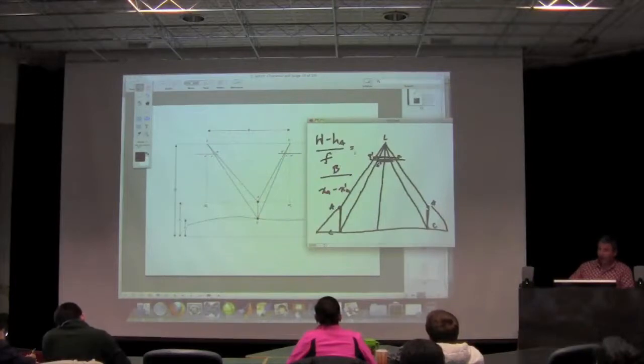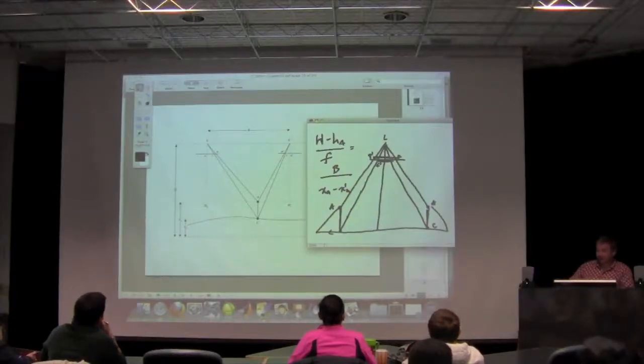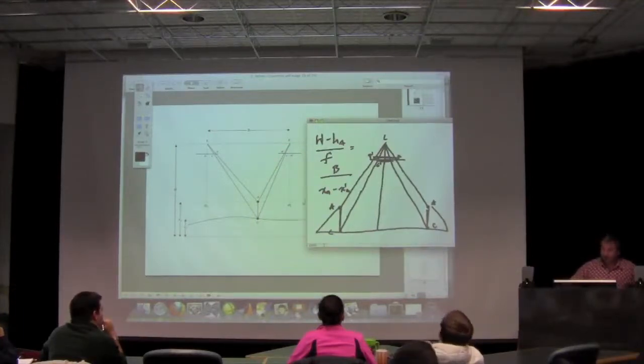Those two things are proportional to one another. They're the same as f, the focal length here, and the distance between the x positions of point A and A prime. So this distance to this distance is proportional to this distance to that distance. So that's all I need to know.